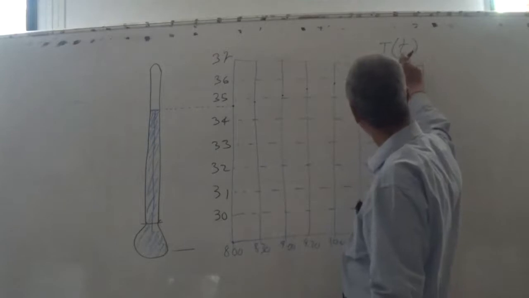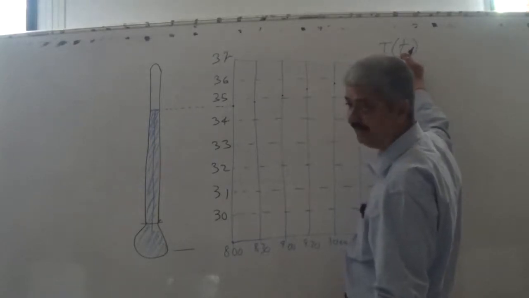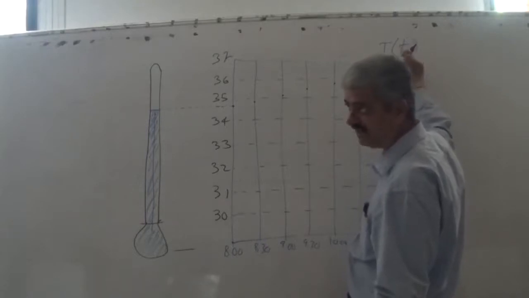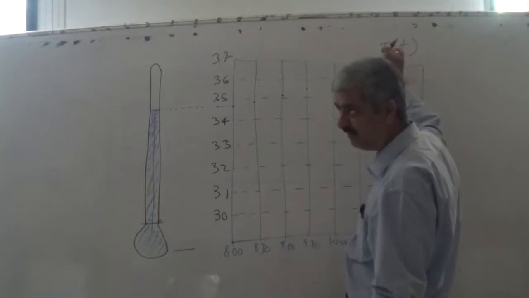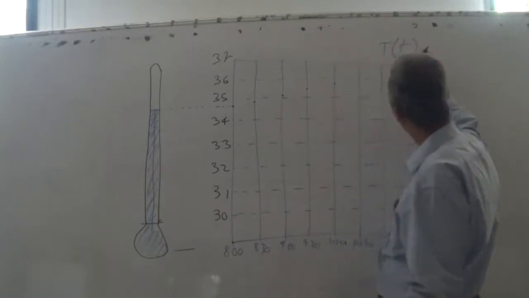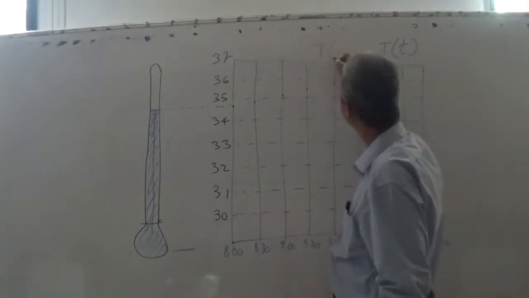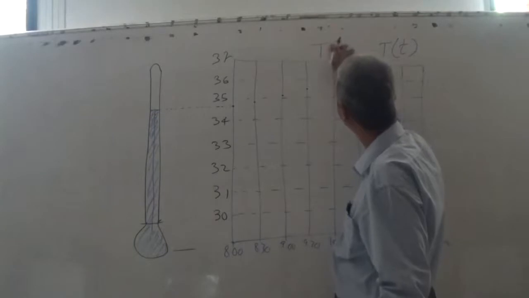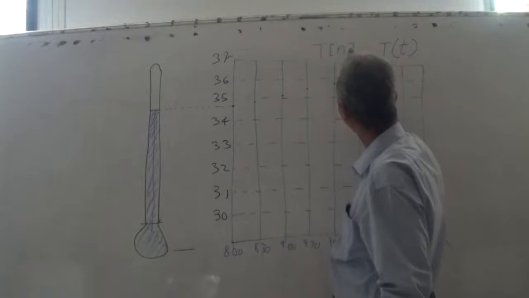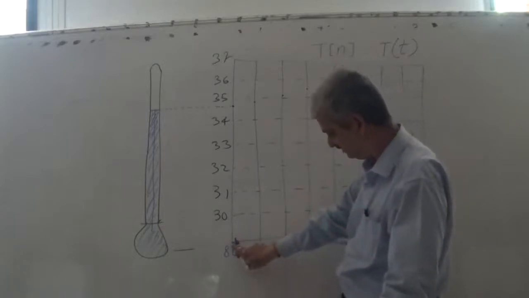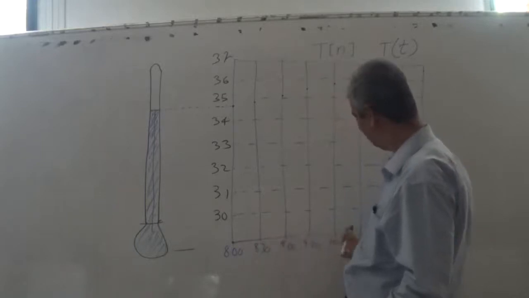So instead of this, which is a variable with respect to which the dependent variable is mapped, was continuous, now it is discrete, and I write it as T[n], and being discrete I change to a square bracket. So n equal to 0, let us say I start at 8 am, n equal to 1, n equal to 2, n equal to 3, n equal to 4, n equal to 5.